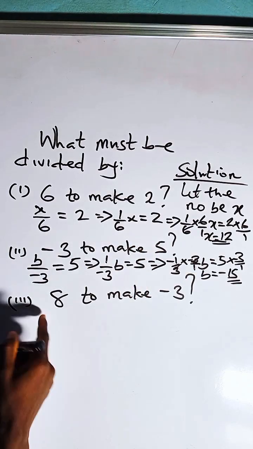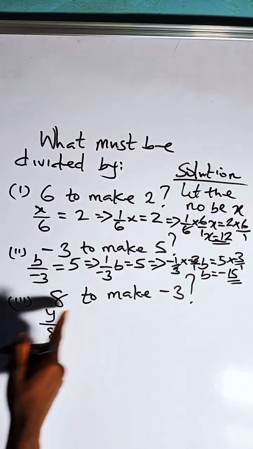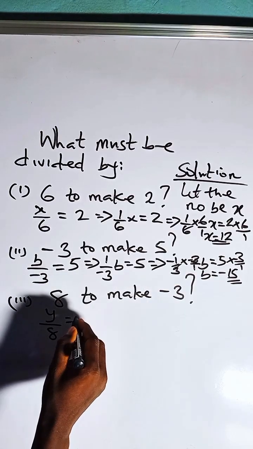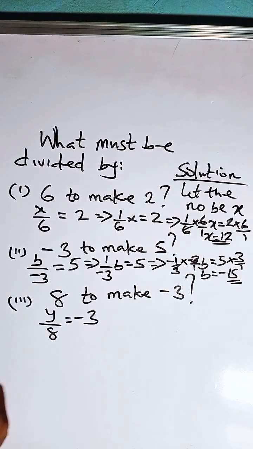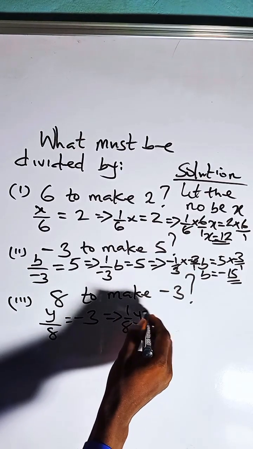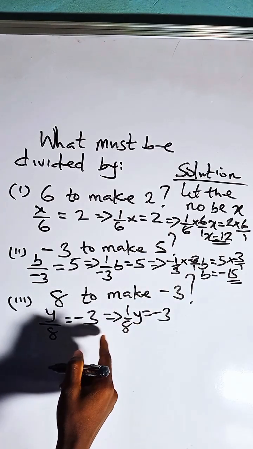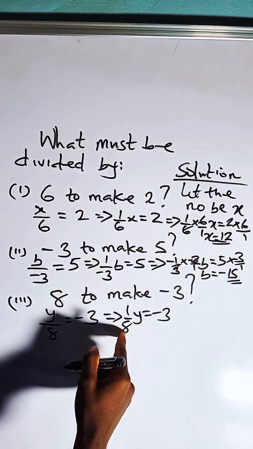Let us assume we are dividing y by 8 to make minus 3. So here we can have 1 over 8 y equals minus 3. How do we get the value of y? Let us multiply both sides by the reciprocal of this.